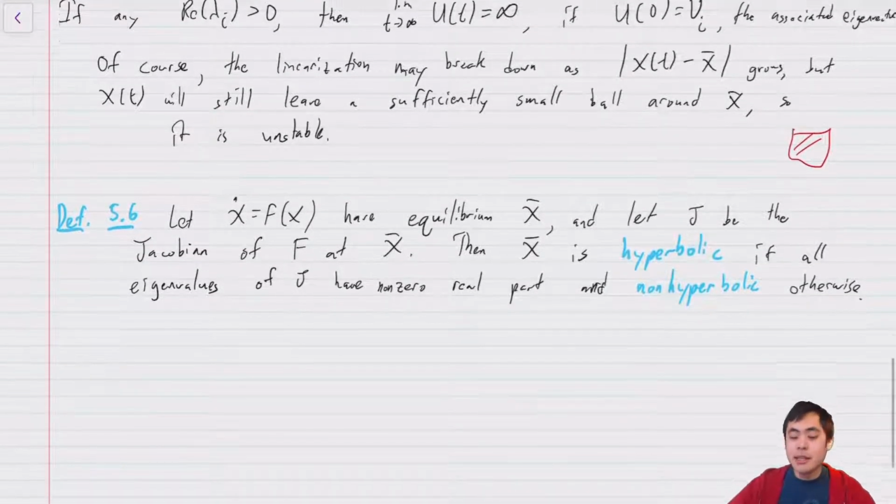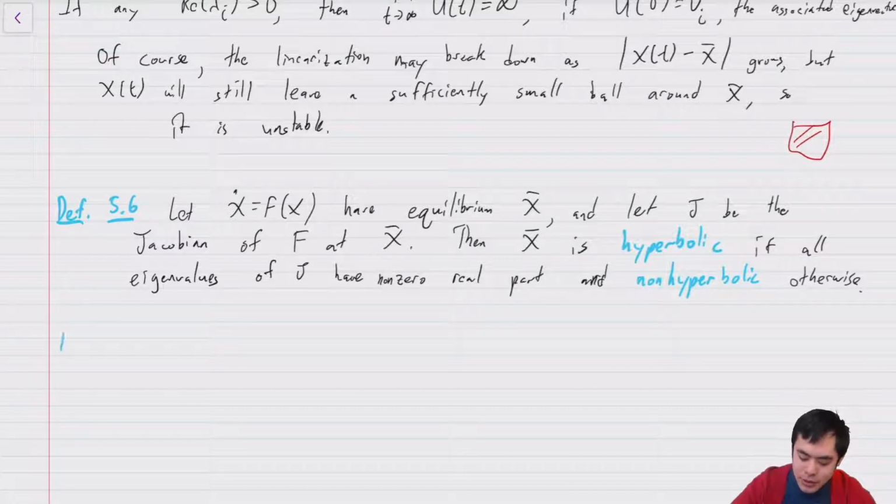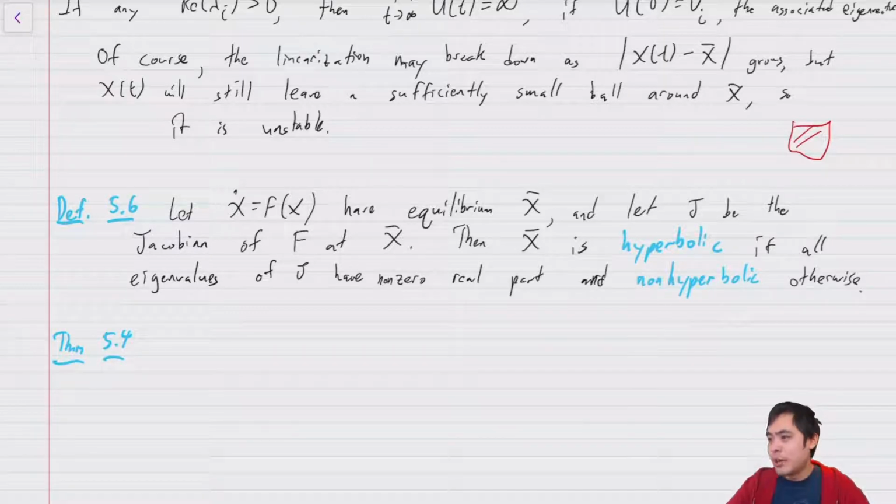And one of the immediate consequences of this is that we can apply this to 2 dimensions. So this is Theorem 5.4 in the book, which the book actually directly proves instead of giving a sketch of the more general proof that we gave for any dimension.